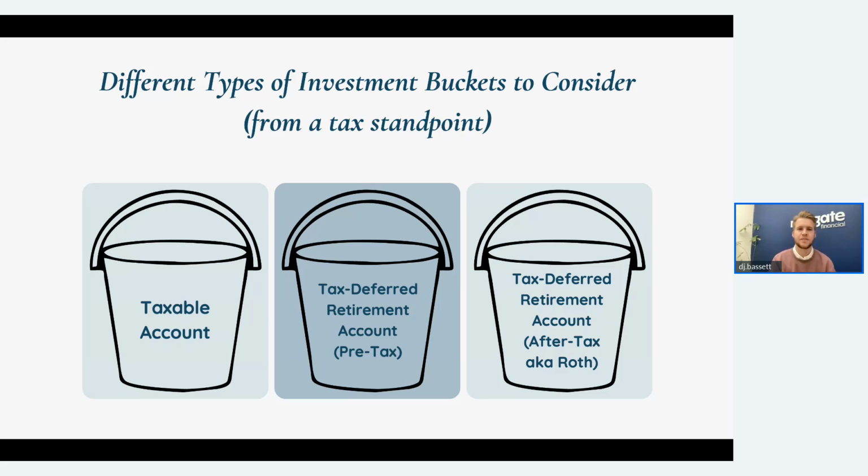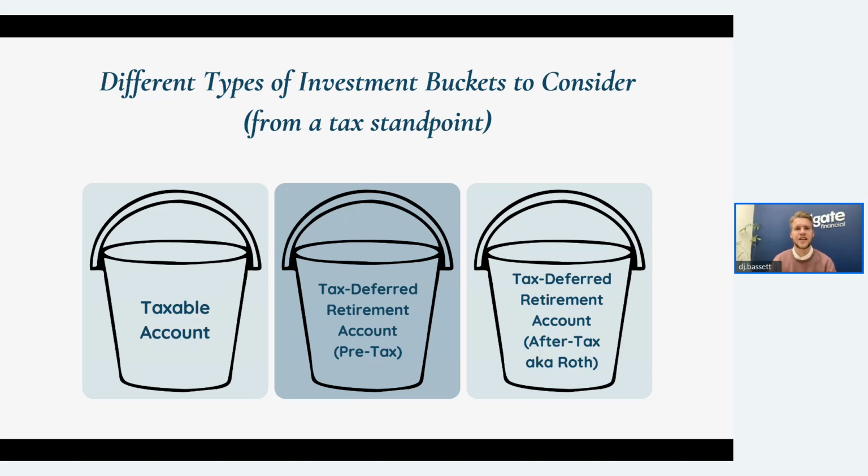In the middle, you have your tax deferred or pre-tax accounts, your traditional IRAs, your traditional 401ks. And on the right, you have your tax deferred retirement account that is after tax, also known as Roth. So Roth IRA, Roth 401k, things like that.